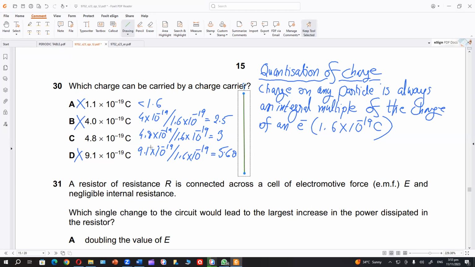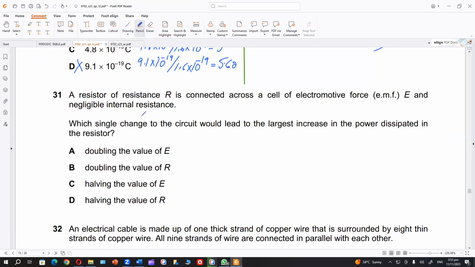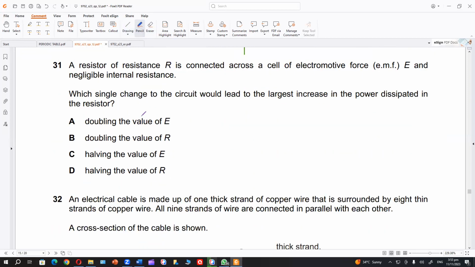The power will be cancelled, na? 10 power minus 19, both are the same. So that was a good question because I saw this topic after a long time. Many people do not even prepare it.